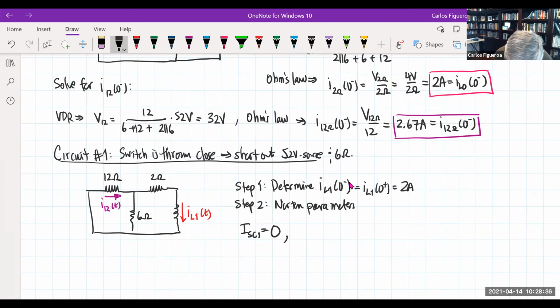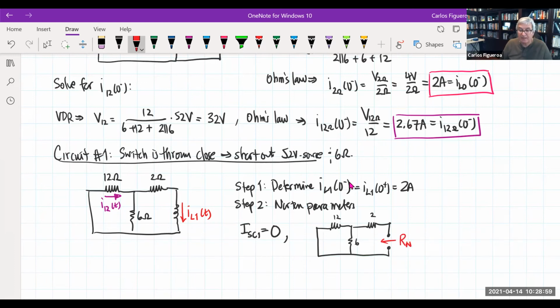So then I need my Norton resistance. When I look at my Norton resistance, I'm going to remove the inductor. And so I have this circuit right here. So here's a 12, here's a 2, here's a 6, and I need my Norton resistance right in here.